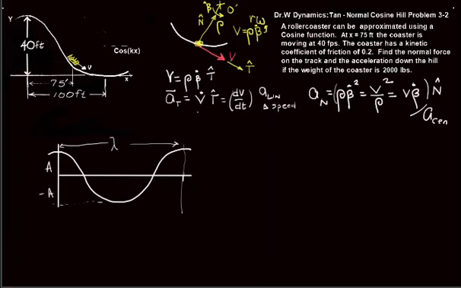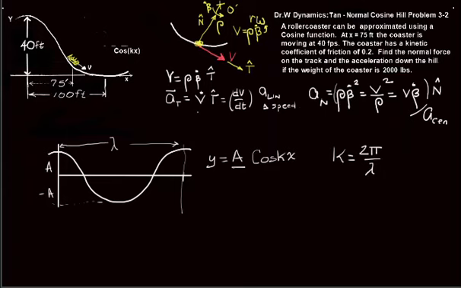And the general form is that y is equal to A cosine of kx in this case. A is the amplitude, and k can be found as 2 pi over the wavelength.